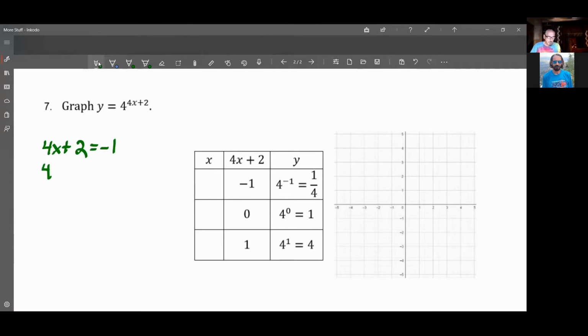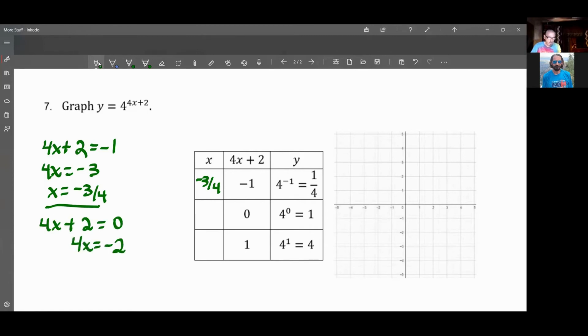So I'm going to solve 4x plus 2 equaling those special values of what I was originally using for x. In each case, subtract 2 from both sides to combine like terms, and then divide by 4. In this case, -2/4 is going to reduce to -1/2.